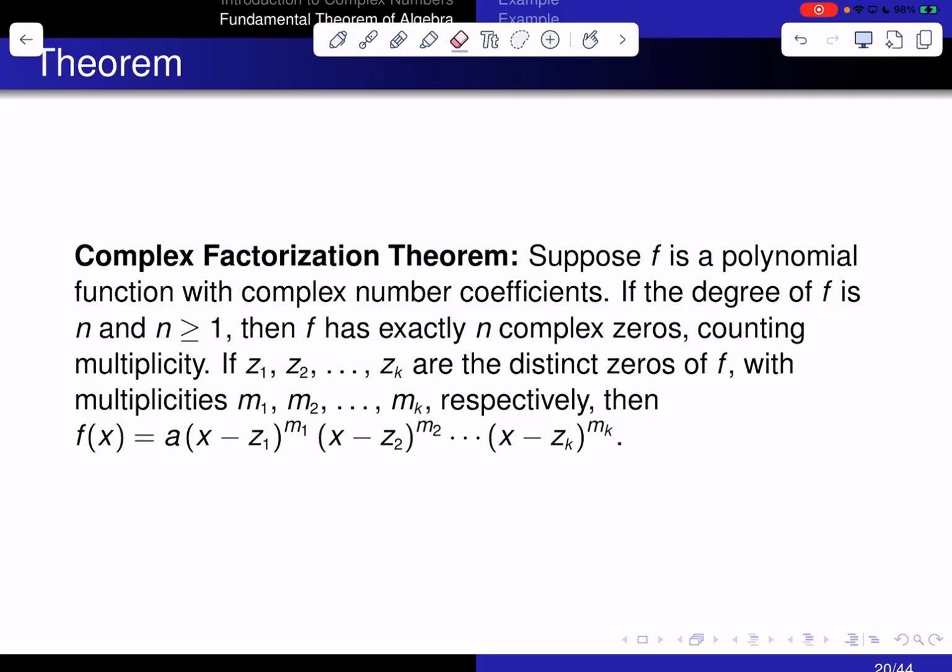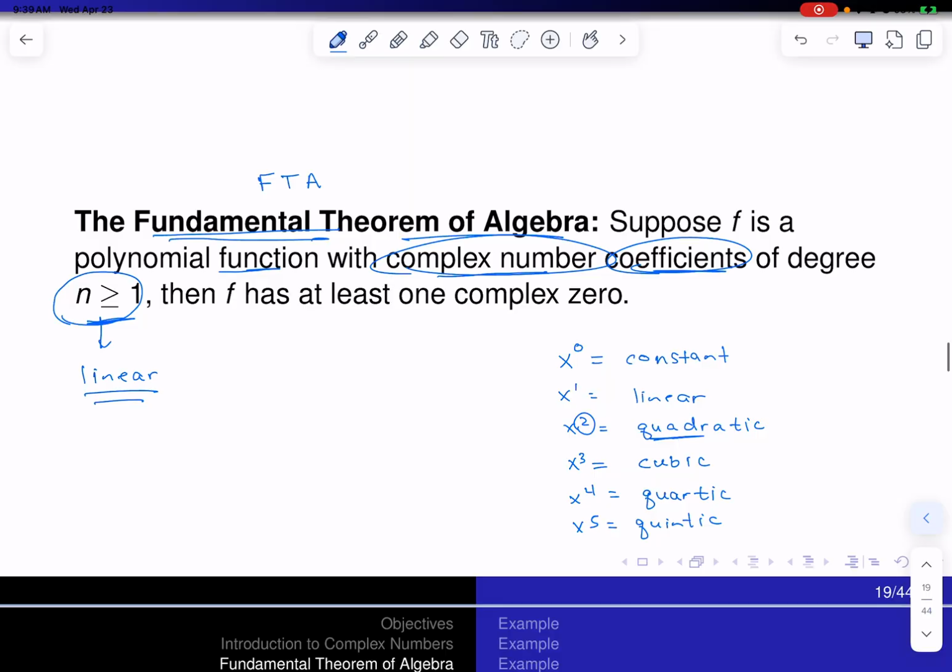All right, now we get to the complex factorization theorem. So once you find the roots, what page is this on? Page like 290? The complex factorization theorem says this. If n is greater than or equal to 1, then f has at least one complex zero.